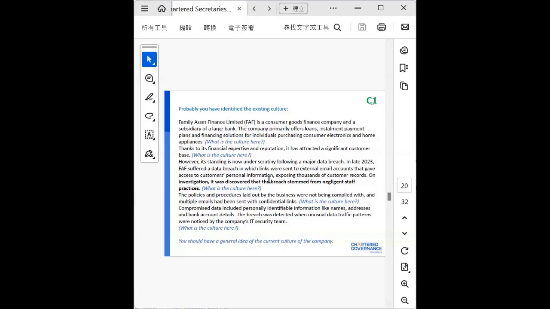So it gives you some idea that the company is no longer professional. When we say professional, they usually don't make silly mistakes. There's a lot of checking to ensure compliance.